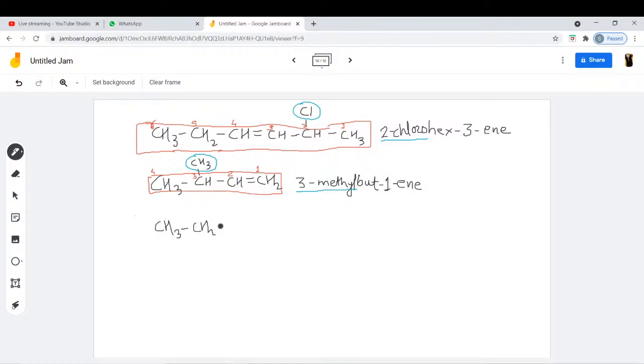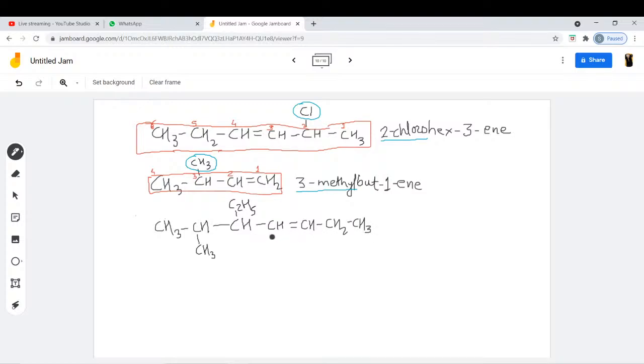CH3 CH2, or you write here C2H5, then CH double bond CH, single bond CH2CH3.